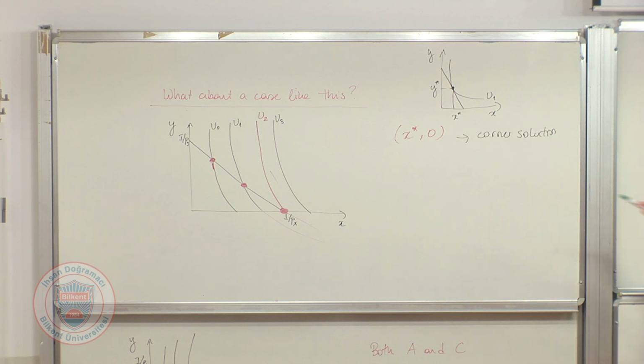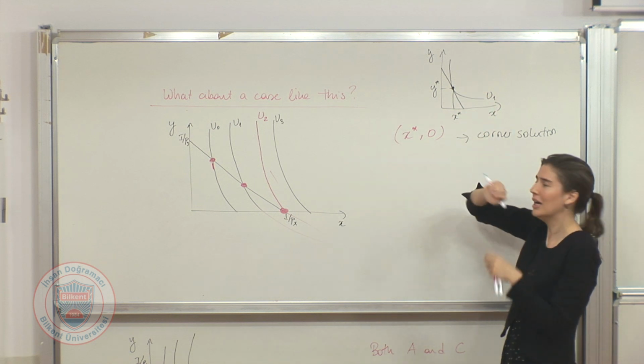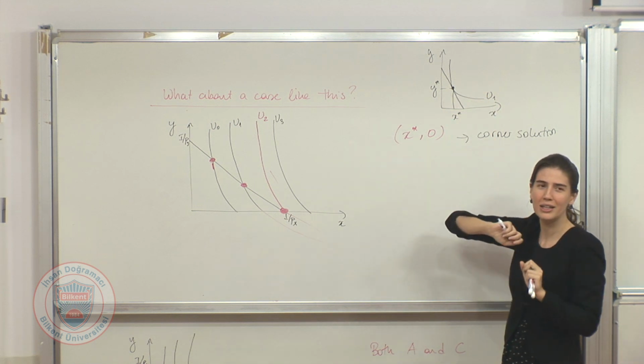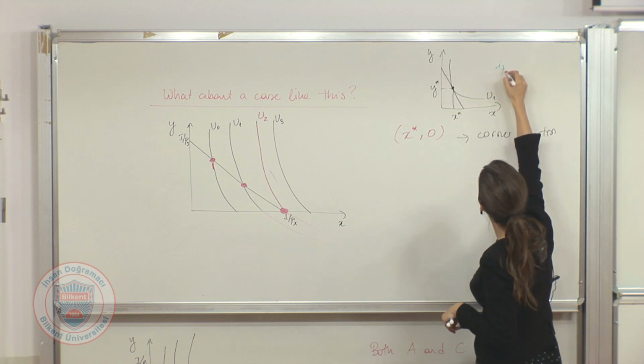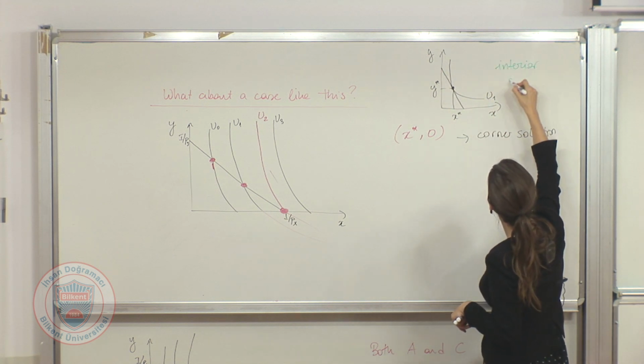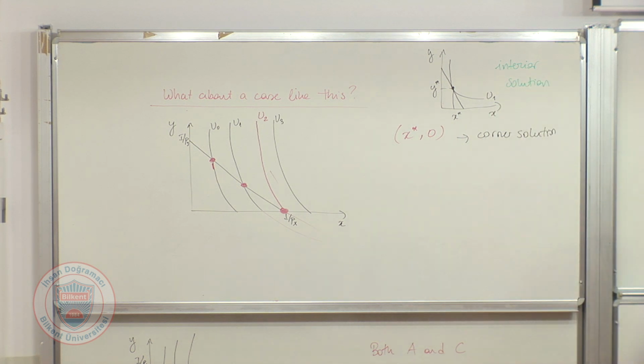So this is a corner solution when you have it here, but when you have it nicely inside this positive quadrant, we call this an interior solution, okay? So these conditions would work when we have an interior solution.